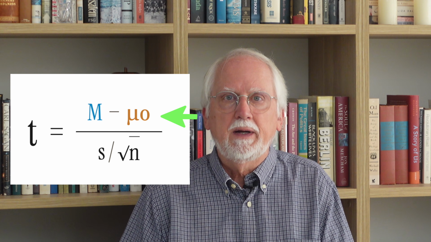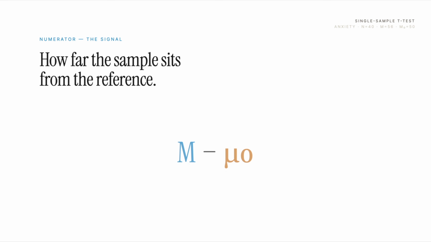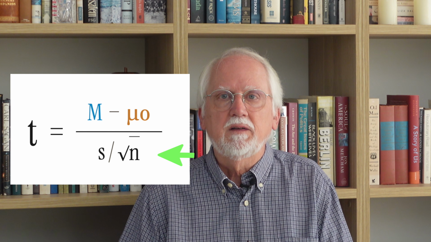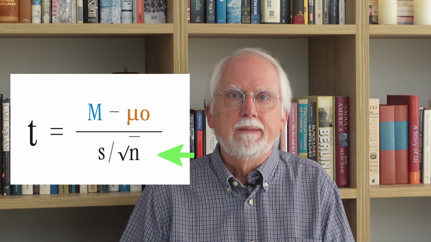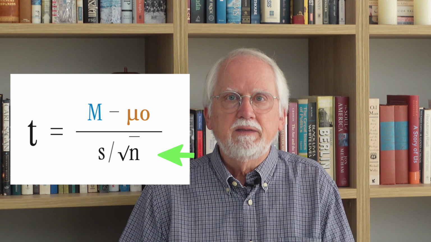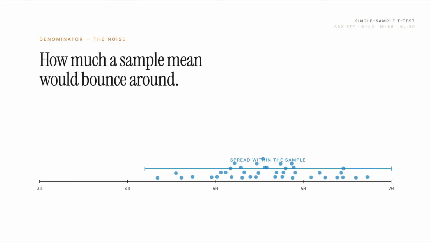The numerator is the signal, the difference between your sample mean and the reference value. Here, 56 minus 50 equals 6. The denominator is the noise, the standard error of the mean. This is the standard deviation of your sample divided by the square root of your sample size. It tells you how much a sample mean would bounce around across repeated samples of this size.